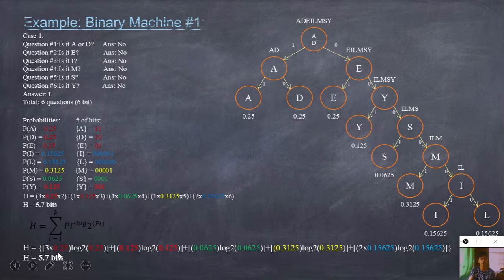H equals 3 times 0.25 log base 2 of 0.25, plus 0.125 log base 2 of 0.125, plus 0.0625 log base 2 of 0.0625, plus 0.03125 log base 2 of 0.03125, plus 2 times 0.015625 log base 2 of 0.015625, and the answer is 5.7, which coincides with the first equation. So we will move on to another example.